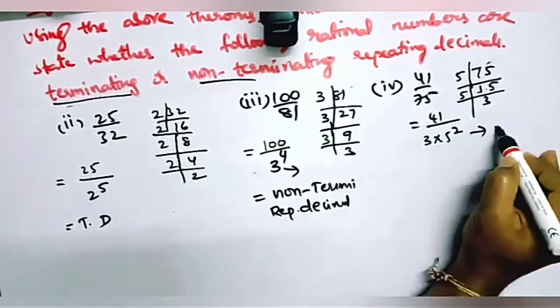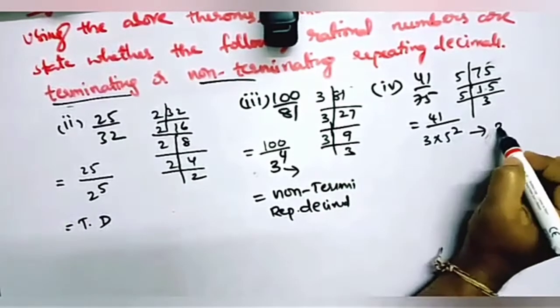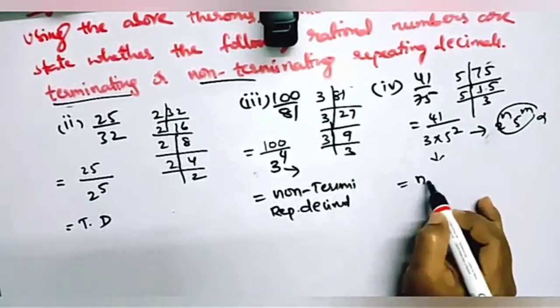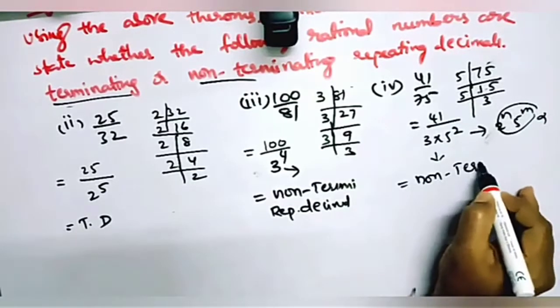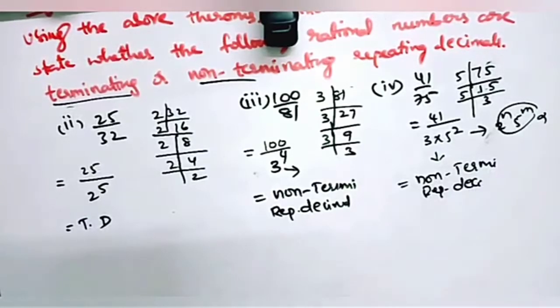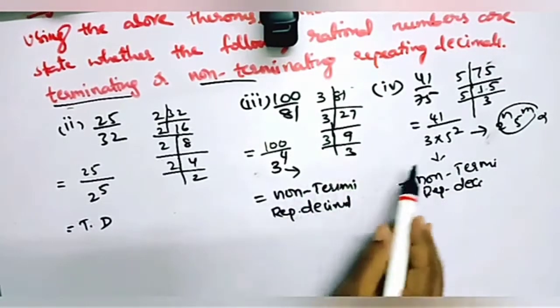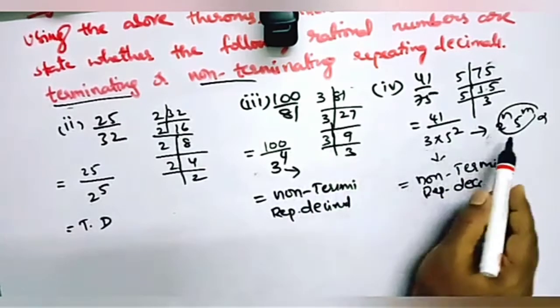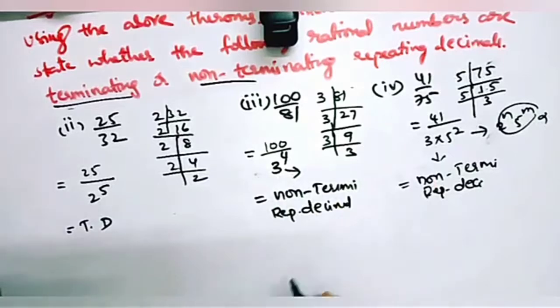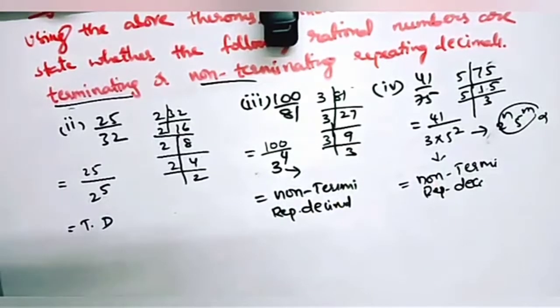So it is also not in the form of 2 power n and 5 to the power of m. So it is also a non-terminating repeating decimal. See, both of these denominators do not have 2 power n and 5 to the power of m. They have the 3 and 3. So both of these are non-terminating repeating decimals.